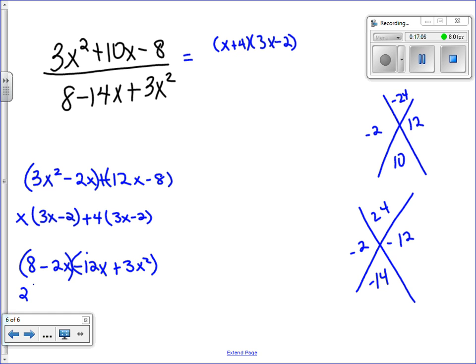Here I'm going to take out a 2, and I have 4 minus x. Here I'm going to take out 3x. I have negative 4 plus x.